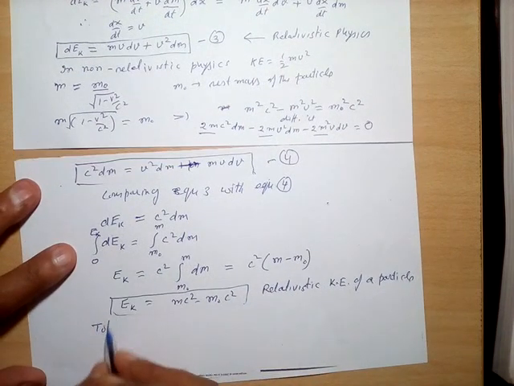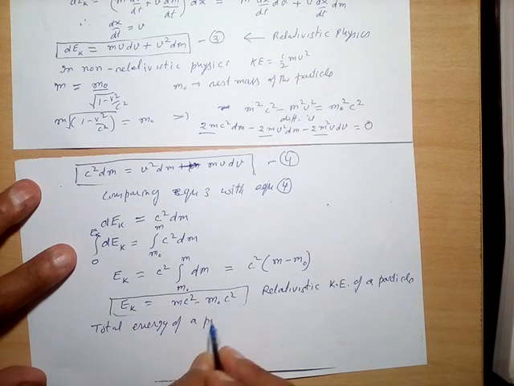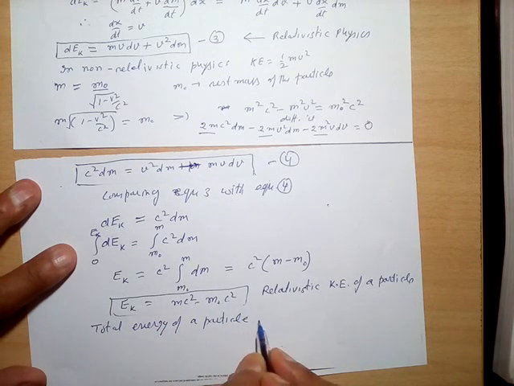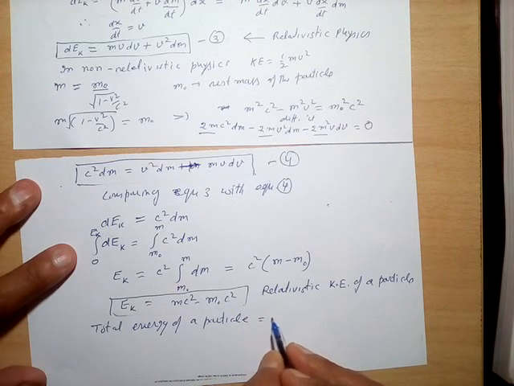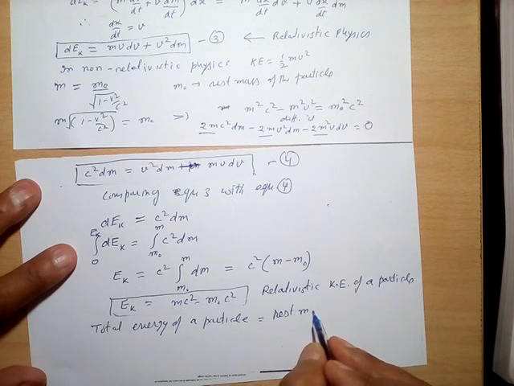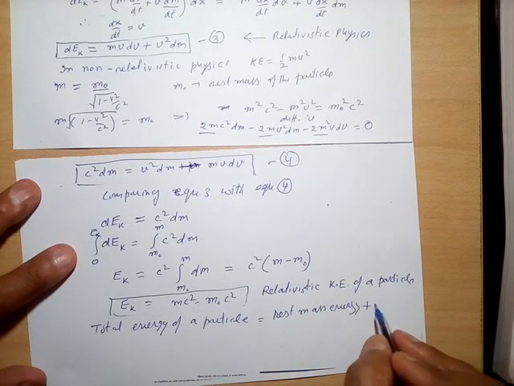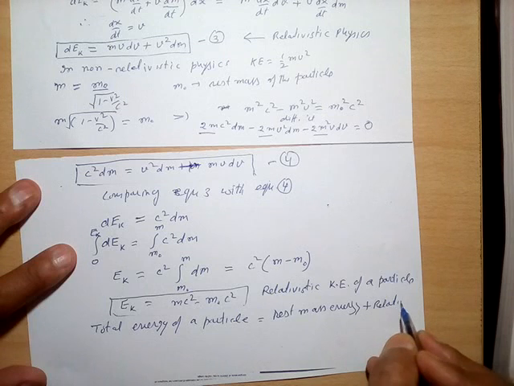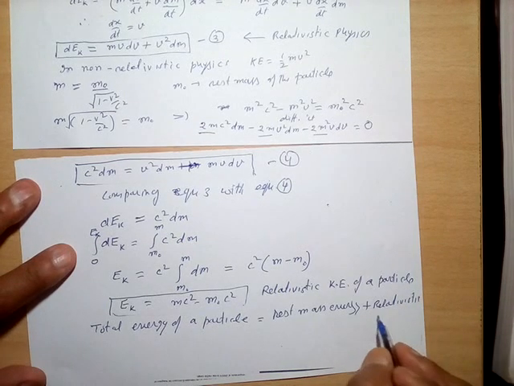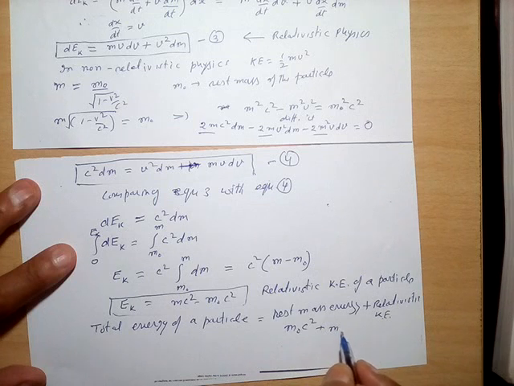And the total energy of a particle comes out to be the rest mass energy plus the relativistic kinetic energy. This is m naught c square plus m c square minus m naught c square.